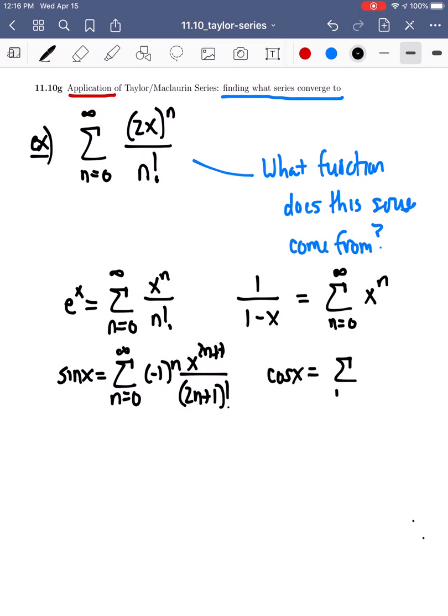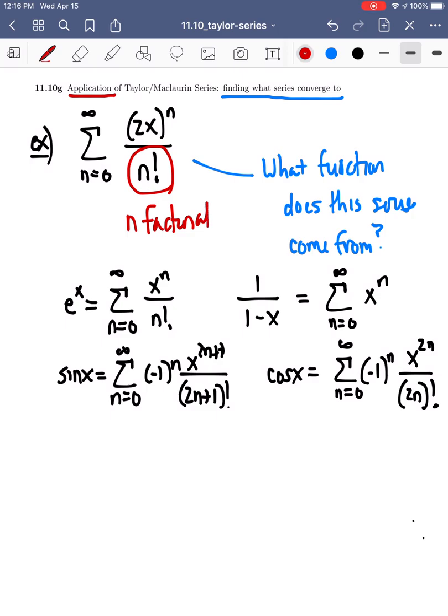And our job is going to be trying to see what aspects of the series that we're handed we see in any of these four Taylor series that we know. So if we go back to the series we're handed, we can see a few attributes of this series. The first thing we see is this n factorial. Another thing we might see is we have some number raised to the nth power.